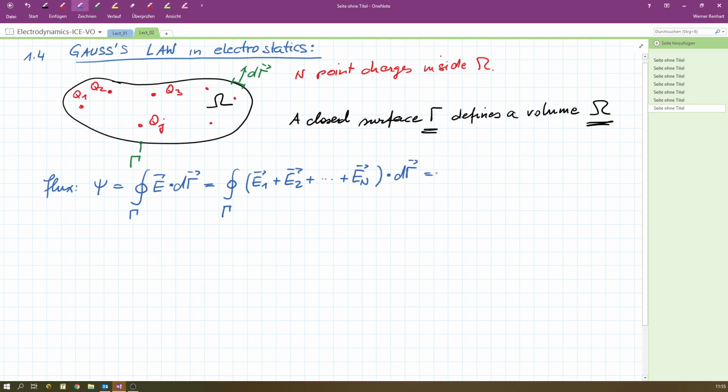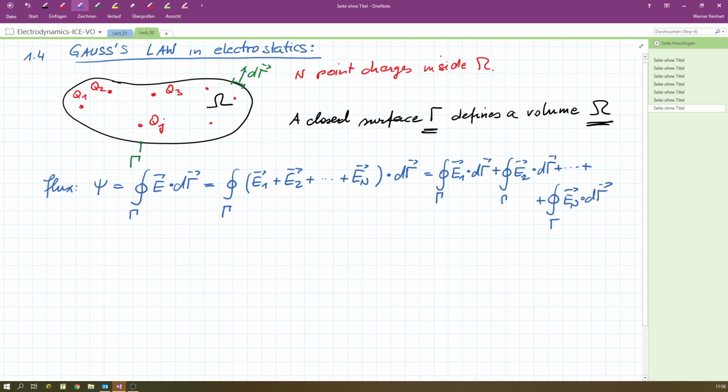This is the integral over gamma of E1 dot d gamma, plus the integral over gamma of E2 dot d gamma, plus the integral of the nth En dot d gamma.